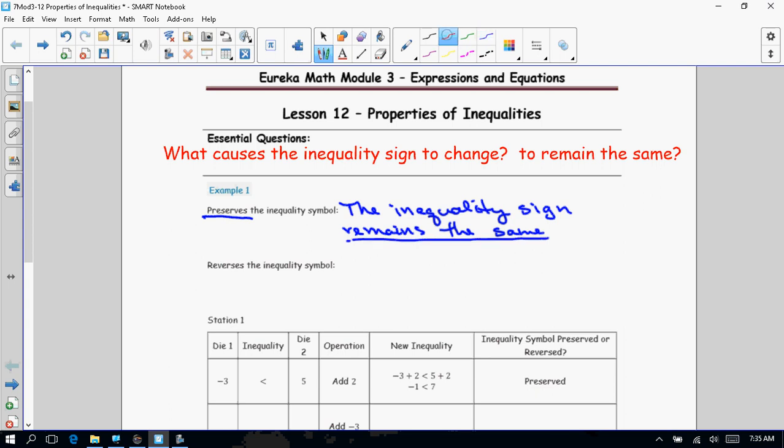All right? Reverses, on the other hand, the inequality sign changes to the opposite. The inequality sign changes. It's going to change to the opposite.